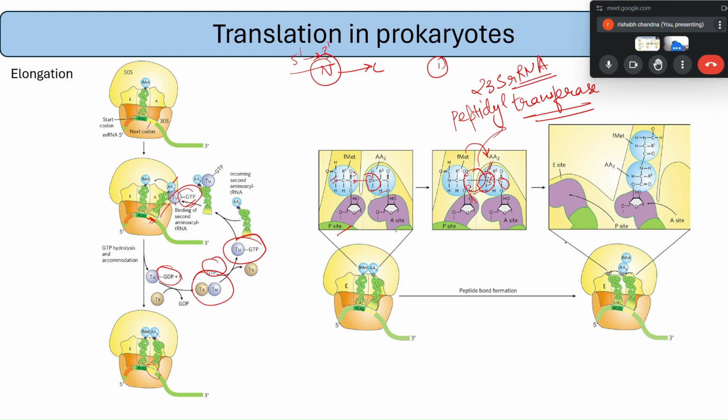Okay, so now as this is formed, the tRNA needs to be translocated to the E site, and this tRNA that is present on the A site translocates to the P site. So that is why you remember that the P site leads to the formation of the peptide bond between these amino acids.